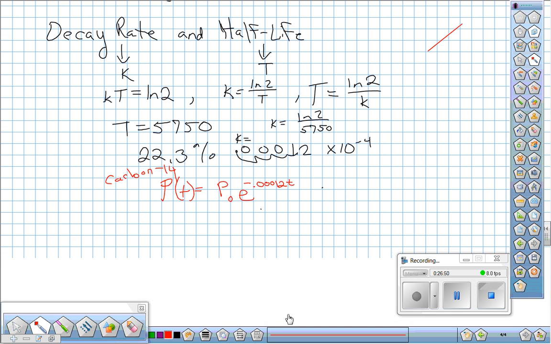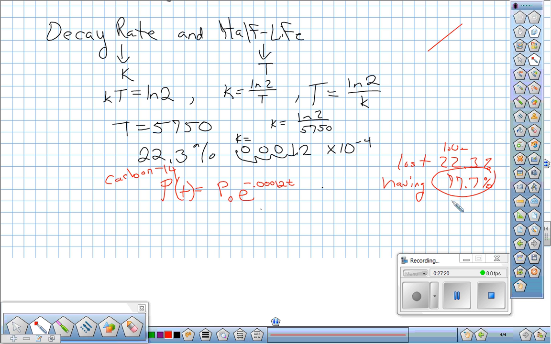Okay, then I'm going to plug in values I know. I know that I've lost 22.3%. If I've lost 22.3%, it's the same as having 77.7%. So you would just do 100 minus 22.3 to get 77.7%.